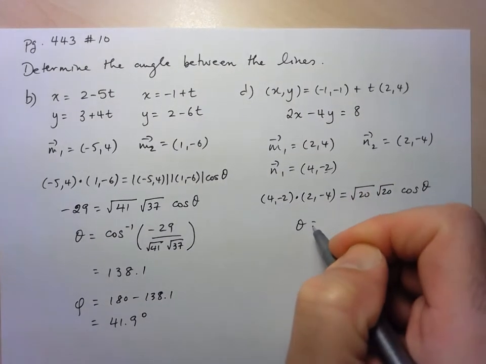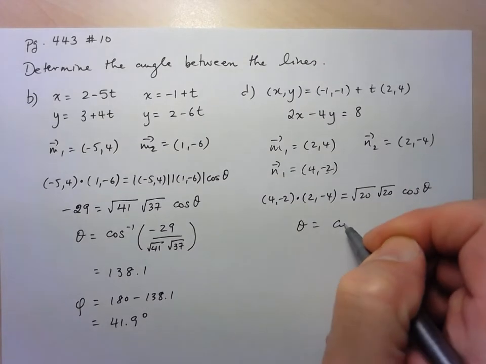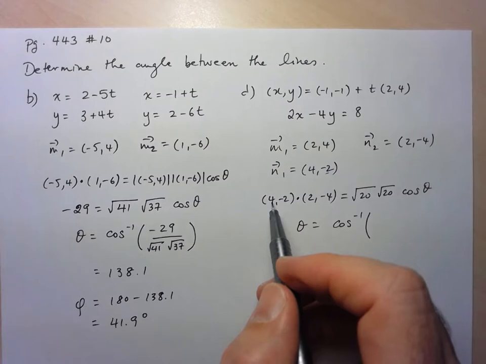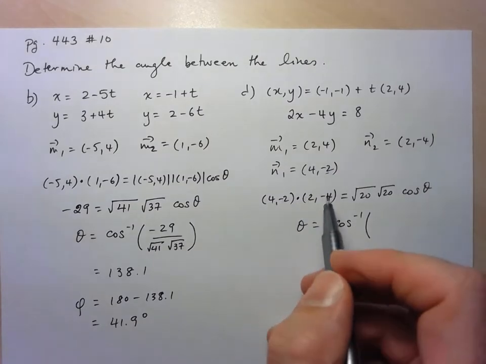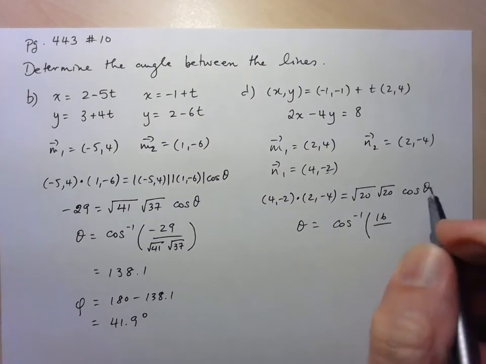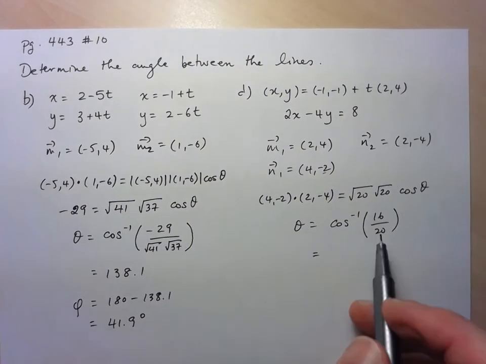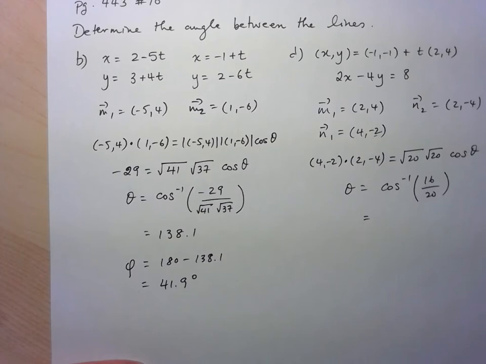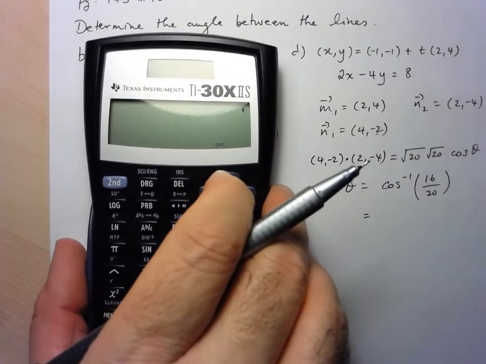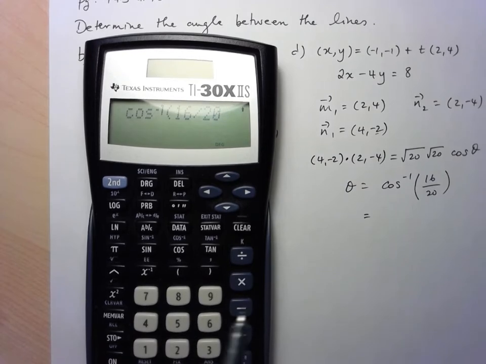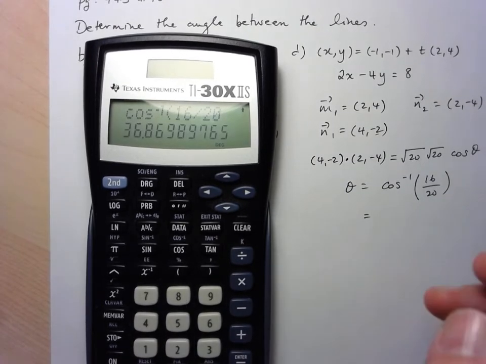So theta is equal to cos inverse of 8 plus another 8, so 16, over root 20 times root 20, which is just 20. Here I expect an acute angle, so I won't have to make any changes. So cos inverse of 16 over 20, and there we have 36.9.